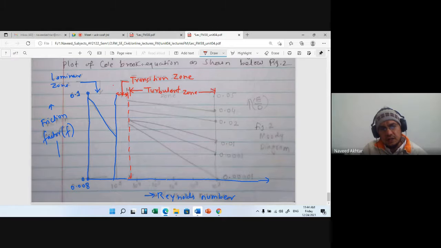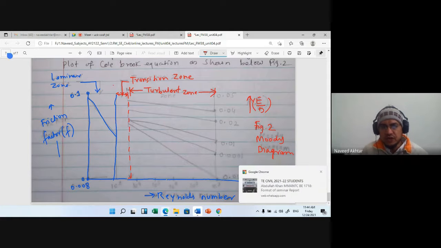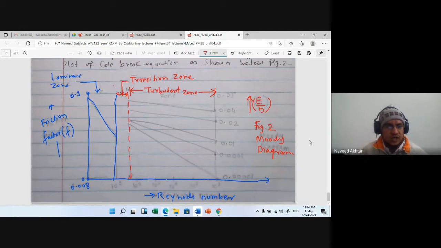From this you can find out based on the epsilon upon D value. This is figure number 2, the Moody's diagram. From the Moody's diagram you can easily find out the friction factor based on your flow.